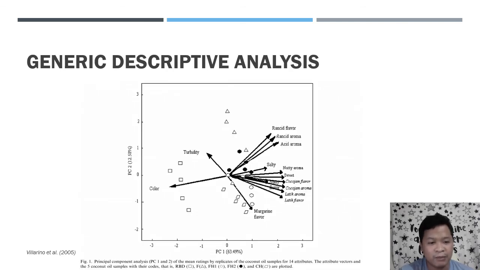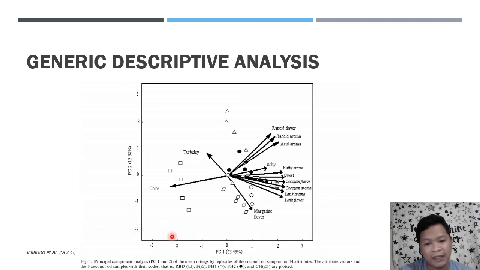So this is an example naman ng results ng isang principal component analysis. Okay, it's a multivariate analysis approach. Kasi for example, yung ANOVA, kaya lang niyang tingnan isang attribute: isang ANOVA for turbidity, isa for color, isa for flavor, but this one gives us a fuller picture. However, since most multivariate analysis are hard to explain, no? So hindi na natin yan masyadong titingnan dito.